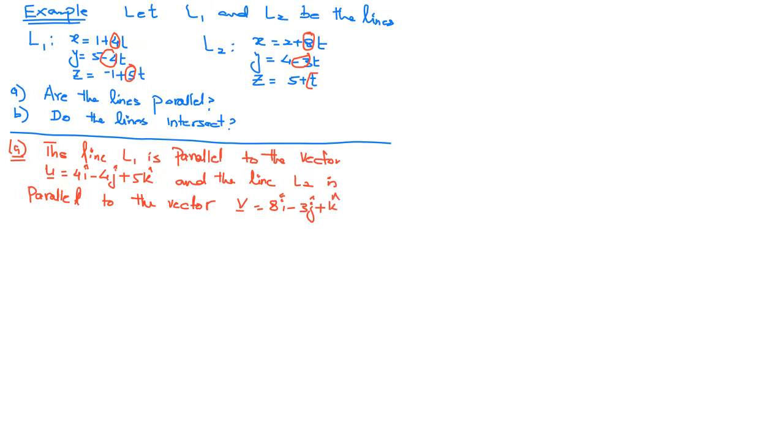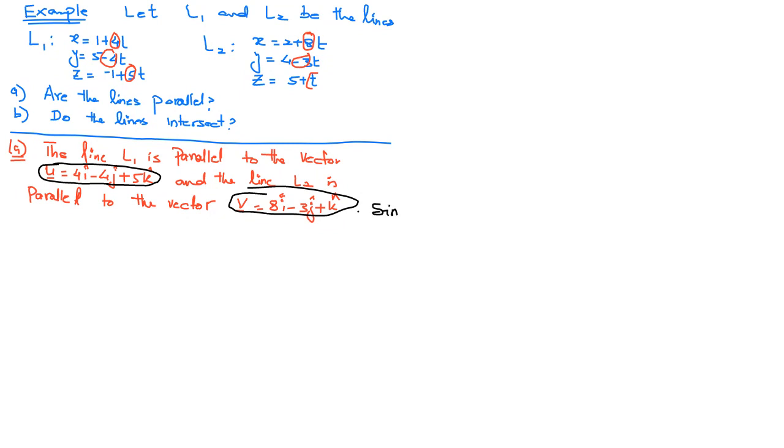Now you have to show whether these two vectors are parallel or not parallel. Do you know the definition of parallel? I told you in the last class, they are parallel when, if you multiply any vector with a scalar, it gives you the other vector. Is this possible here? No, it's not possible.